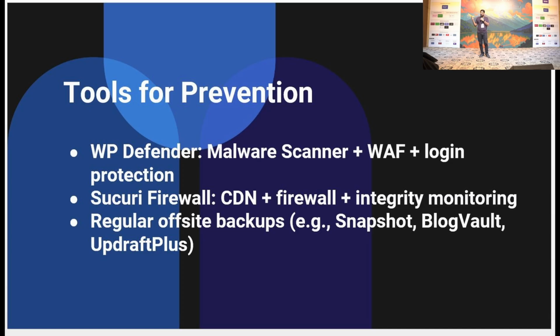It can provide a CDN to the website. It can also scan your website and check the integrity of the files. Also, the important thing is to keep a backup of your website away from the server. So in case your website gets infected again, you can just install the backup, and that's the easiest part.